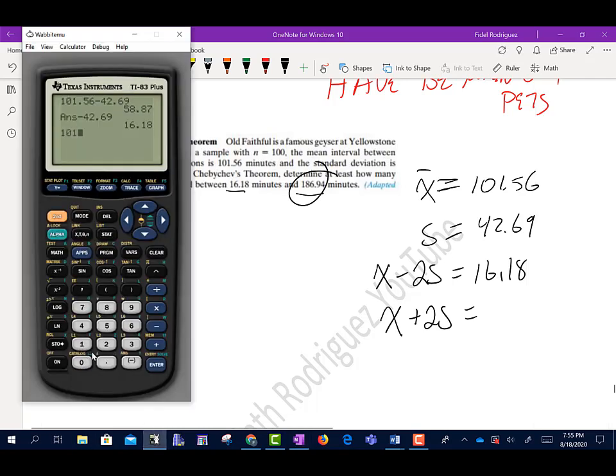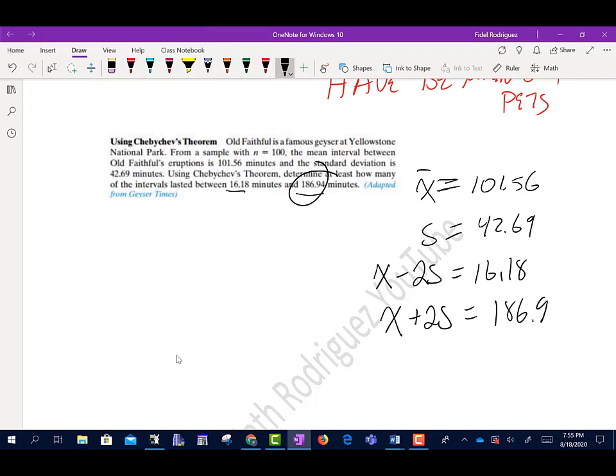So let's take 101.56. Now let's add 42.69, and we're going to add it again. And I'm coming up with, there it is, the 186.94. How many times did I have to do this? Twice. So again, it's just telling me that my k is equal to 2, right? So remember, we did this in the problem before.